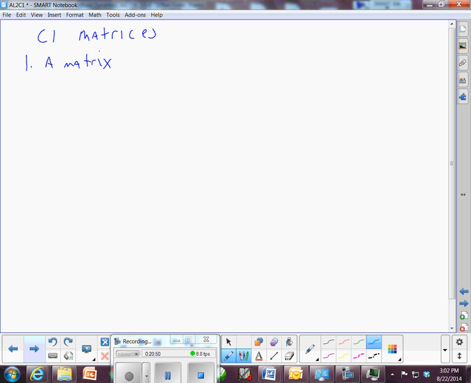A matrix is simply defined as a rectangular array of data. In other words, it's a rectangle. A rectangular array, don't let that word scare you, of data. It's just data arranged in a rectangle.